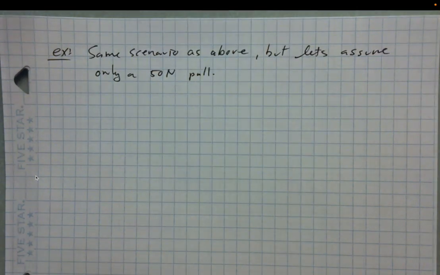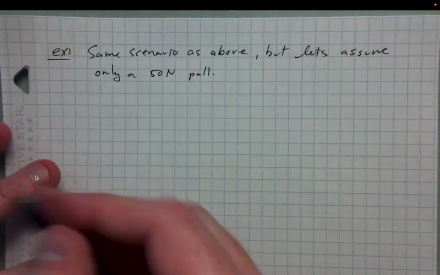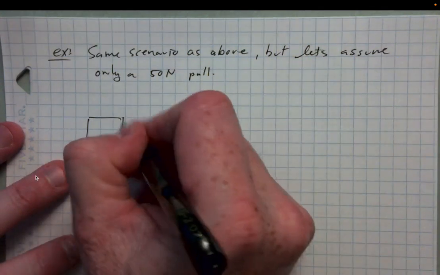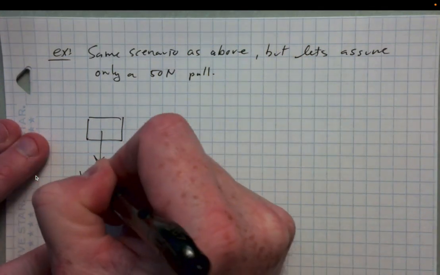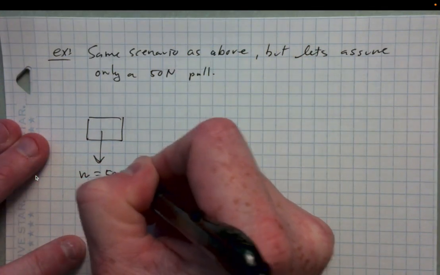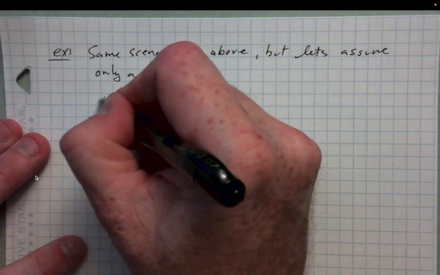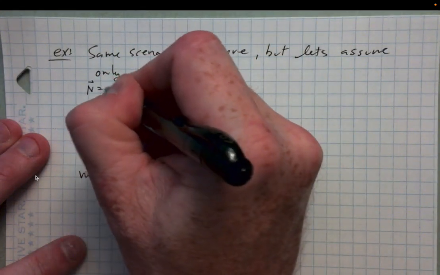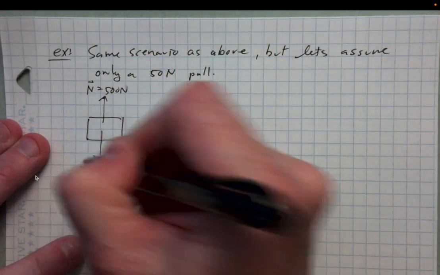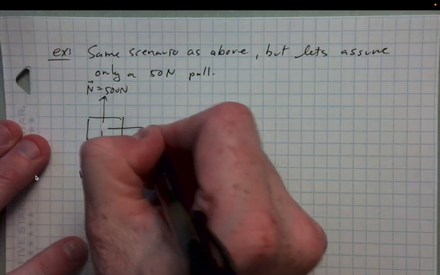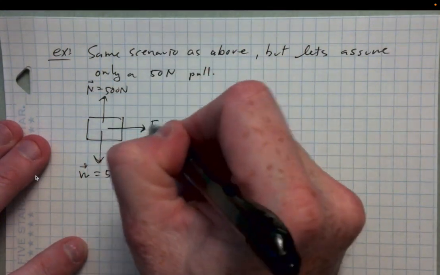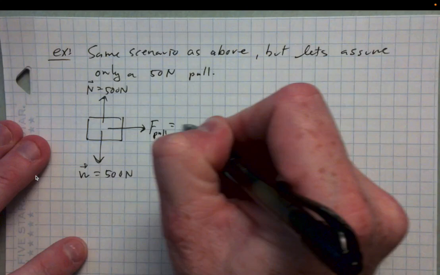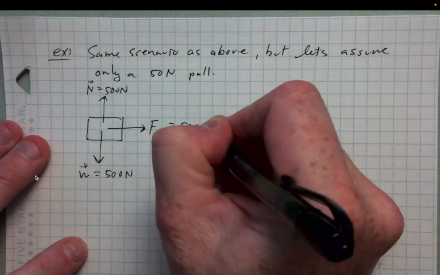Okay, what's going on in this scenario? What happens where we're pulling at only 50 newtons? I think we can all guess, but let's look at what the math tells us. So I've got 500 newtons here, and normal force 500 newtons that direction. This time I'm pulling on it with a smaller force, so only 50 newtons.